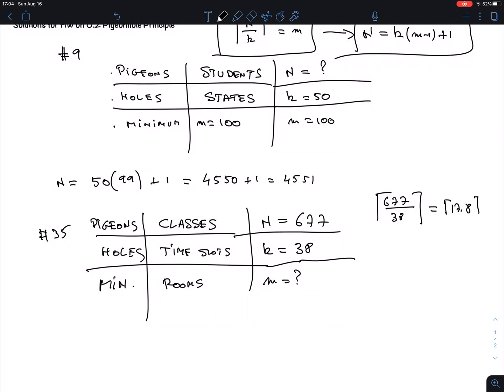If I take the ceiling of that, that is 18. So what it says is the following. If I would only have 17 rooms, then each room can be used 38 times a week, because there are 38 time slots.